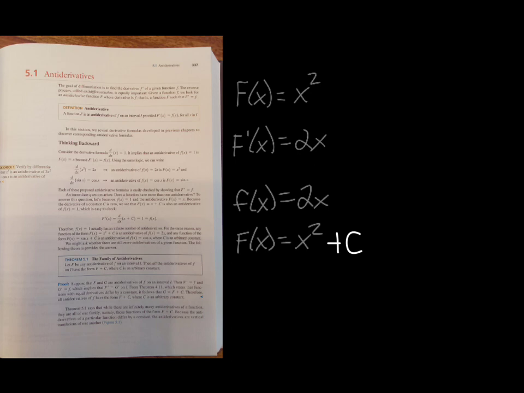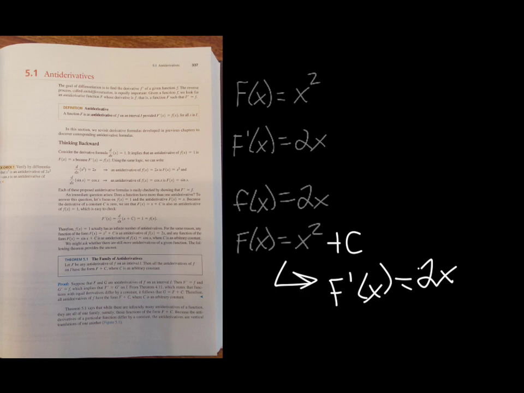Okay, and the reason for that is from our original definition, that the big F is only an antiderivative if, when we take the derivative of it, we get the other function. So if we're starting from here, if I want to find big F prime, I take the derivative of the variable term, and then when I take the derivative of the constant, it's 0.